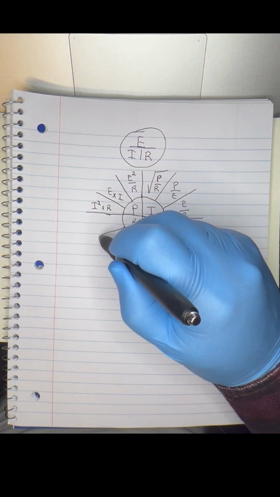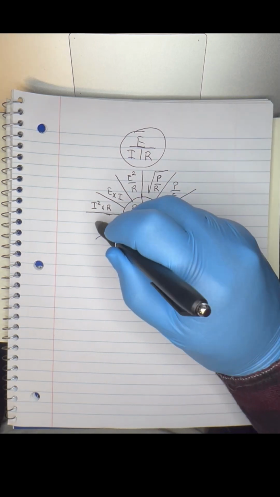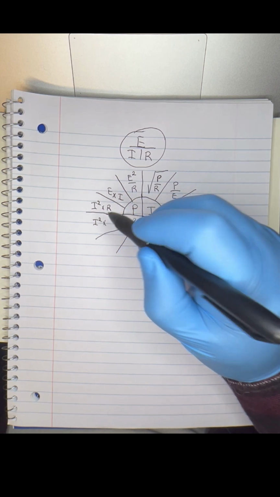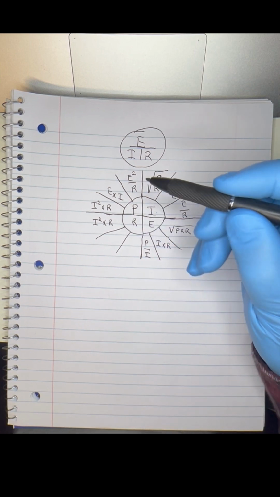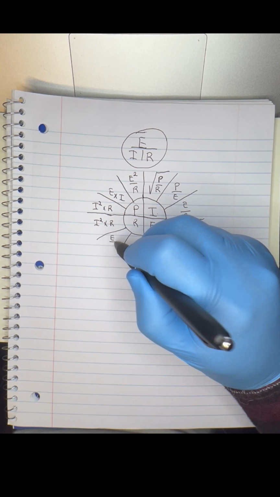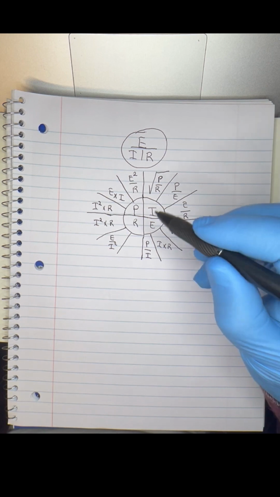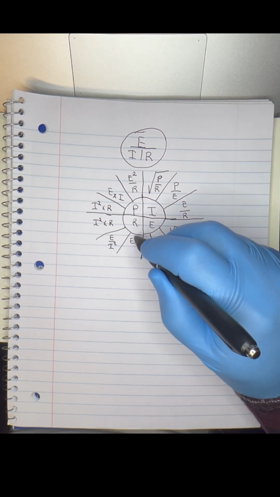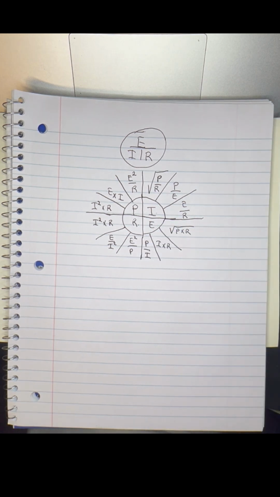Last but not least, we got resistance. For that, we can go amps squared times R. Or, again, to find R, we can go voltage over amps squared, or voltage squared over power.